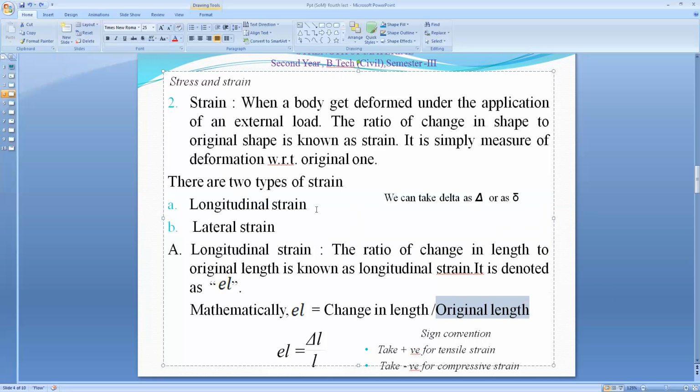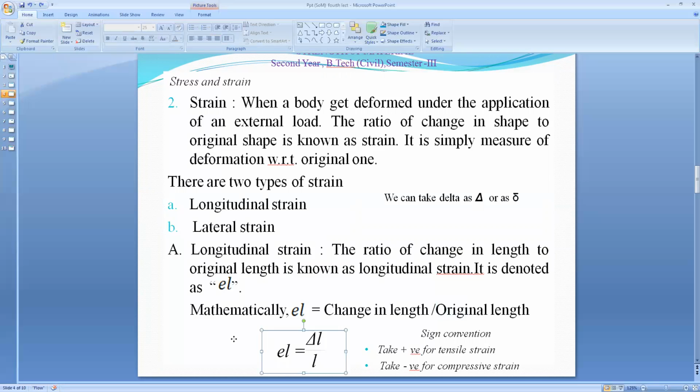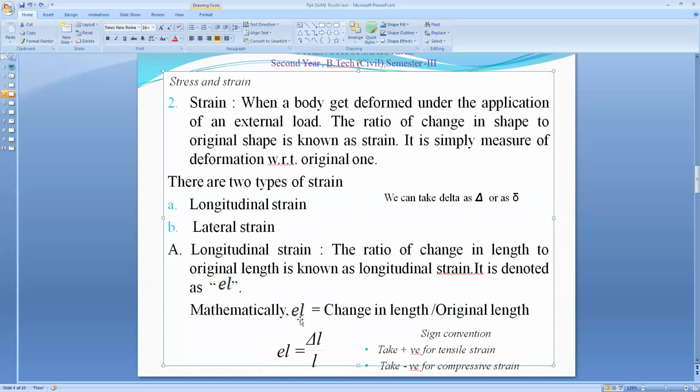So the units get cancelled, meter gets cancelled, centimeter gets cancelled. We get e_l as a ratio of that.